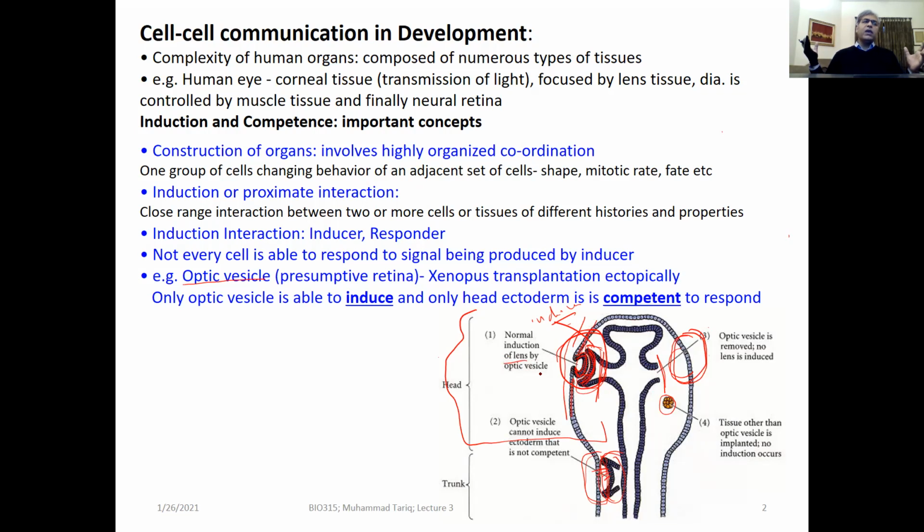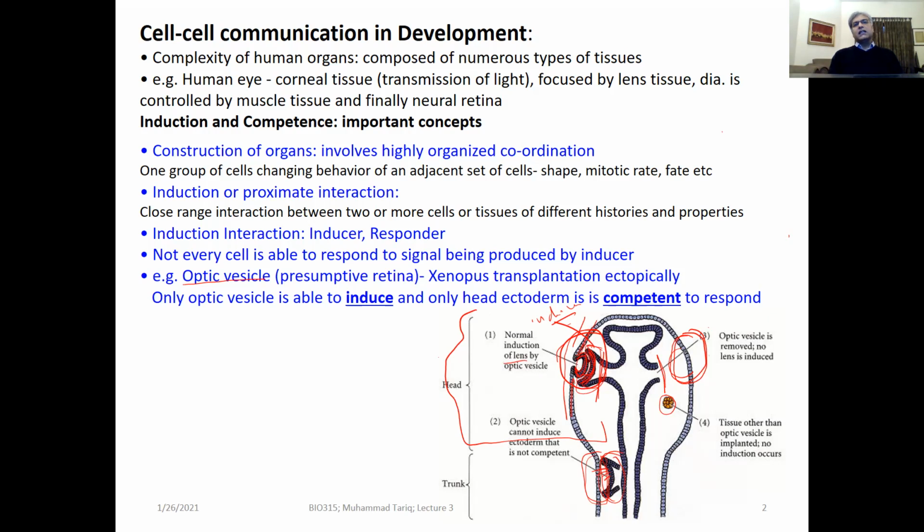So as I said in my last lecture, when we learn developmental biology, or when we think in terms of development, we have to think in terms of a cascade of changes which may result as a consequence of a specific trigger. And here the trigger is basically a kind of signal coming from optic vesicle.